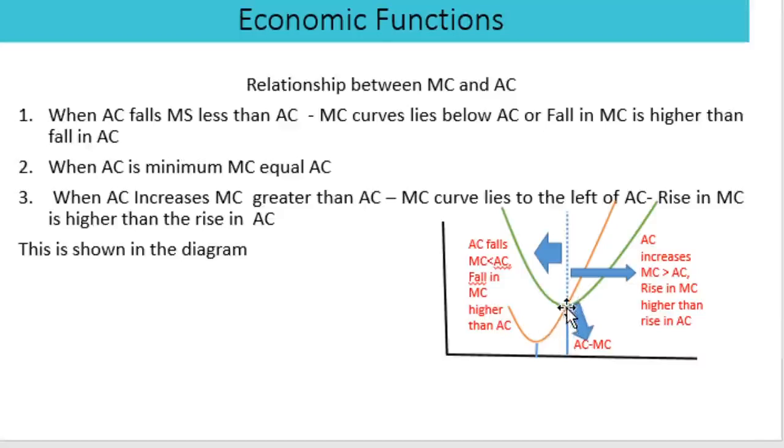This is the second relationship. And the third one is when AC increases, MC is greater than AC, as given in the figure. These are the three important relationships. When AC falls, MC is less than AC. When AC is minimum, AC equals MC. When AC increases, MC is greater than AC.